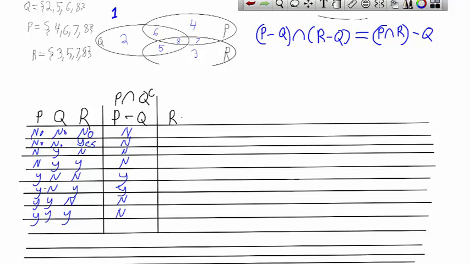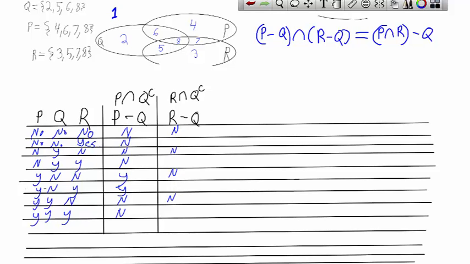Now we're going to look at R minus Q, which, just like before, means it is a member of R and it is not a member of Q, which means it is a member of the Q complement. And just like before, we can ignore anywhere where R is no. So let's just go down the list here. Everywhere we see a no for R, we can just mark that.